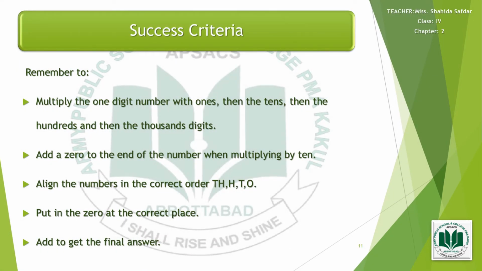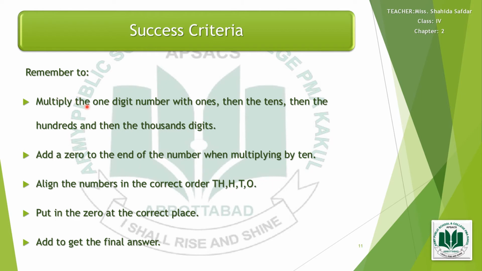Here is the success criteria, that is a few important points that you have to remember before going to solve your assignments. These points are: multiply the one digit number with the ones, then the tens, then the hundreds, and then the thousands digit.